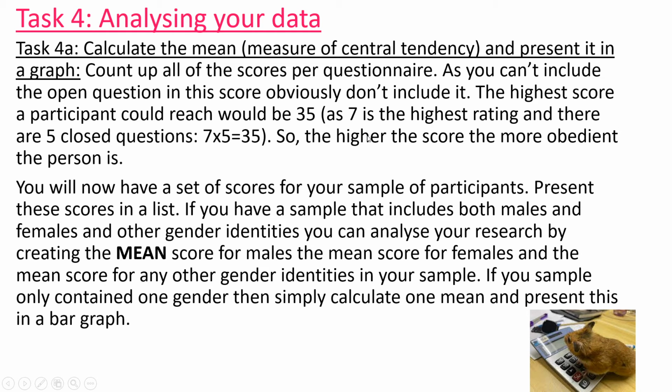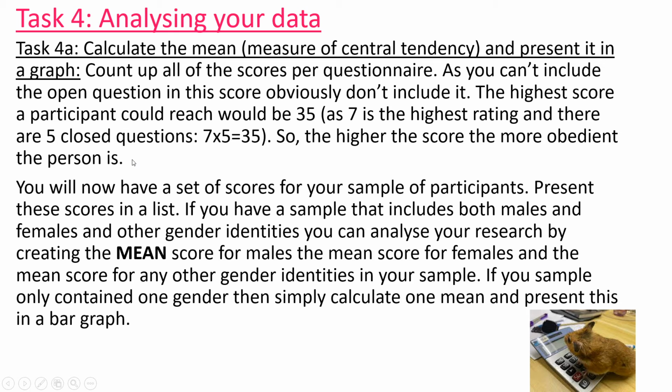Now, what you do is calculate the mean. Count up all of the scores per questionnaire. What's the total score? You obviously can't include the open question, because that's not quantitative data. So the highest score a participant could reach would be 35, as 7 is the highest rating and there are 5 closed questions. So the higher the score, the more obedient the person is.